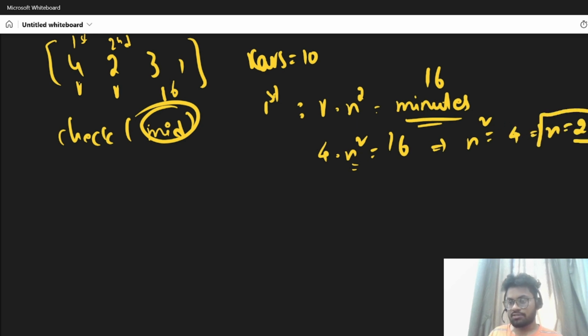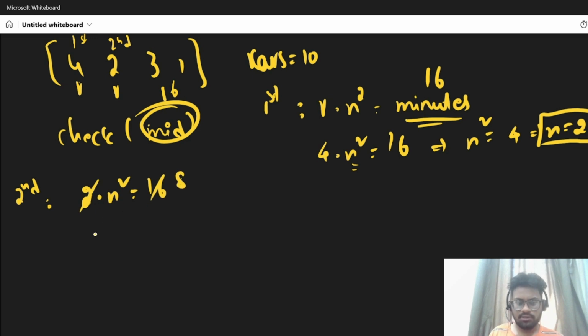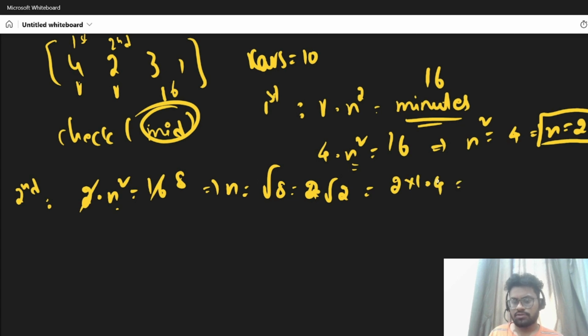Using this, the mid is 16 minutes. In 16 minutes, the first mechanic is able to repair 2 cars, right? We'll check for the second mechanic. Second mechanic, 2 into n square is equal to 16, so n square is 8, n equals root 8, which is 2 root 2, so 2 into 1.4, which is about 2.8.